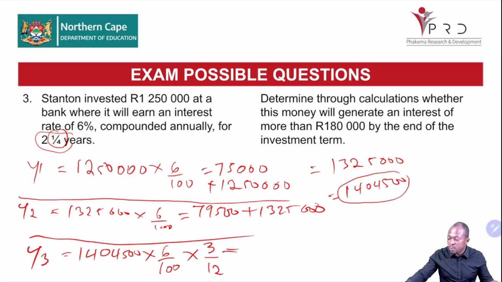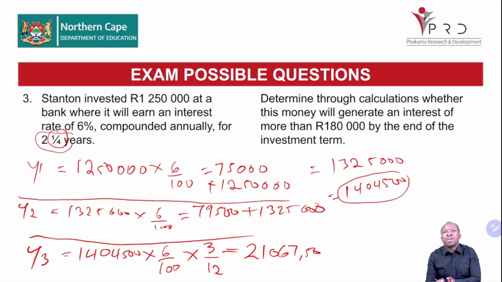So let us work it out. 1,404,500 times 6 over 100 times 3 out of 12, and that will give us 21,067 rand and 50 cents. Can you see this one is a bit less? Why is it less? Because we left it for only 3 months.